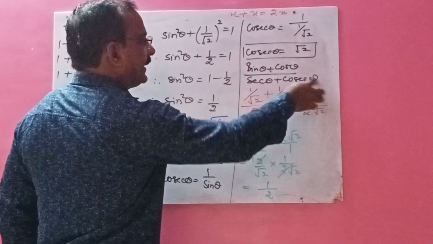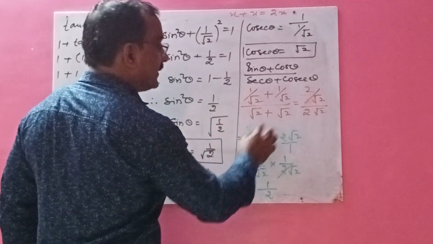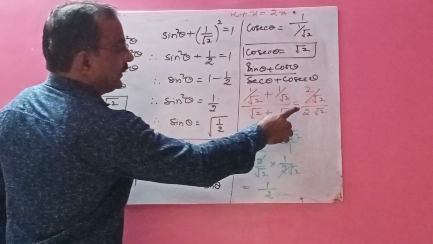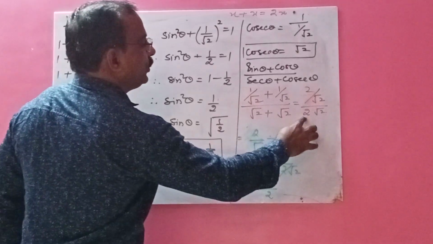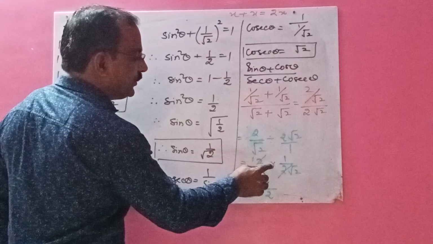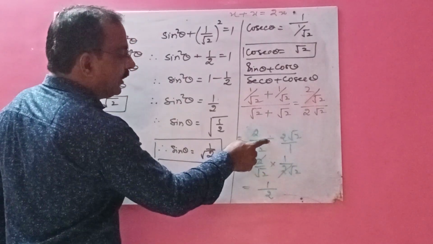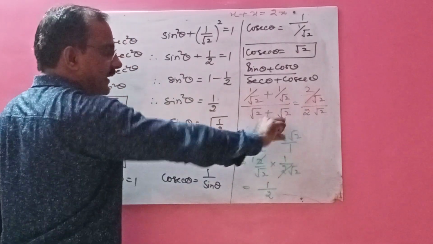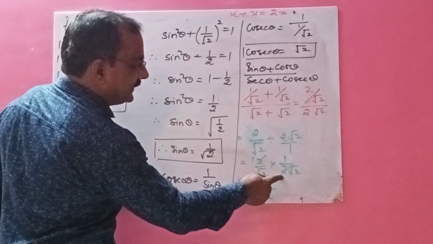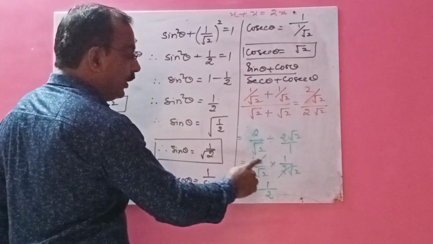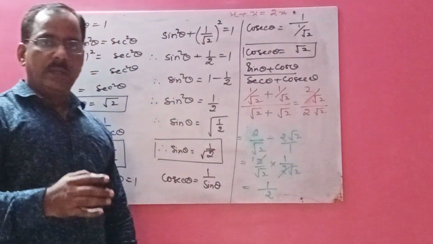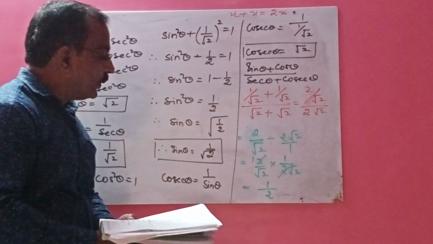For your simplification, I have done this like this: 2 upon root 2, divided by 2 root 2 upon 1. When you convert this into multiplication, write down the reciprocal of this, that is 1 upon 2 root 2. Do the cross cancellation. 2 gets cancelled. 1 into 1 is 1. Root 2 into root 2 is root 4, and square root of 4 is 2, so the answer is 1 upon 2.